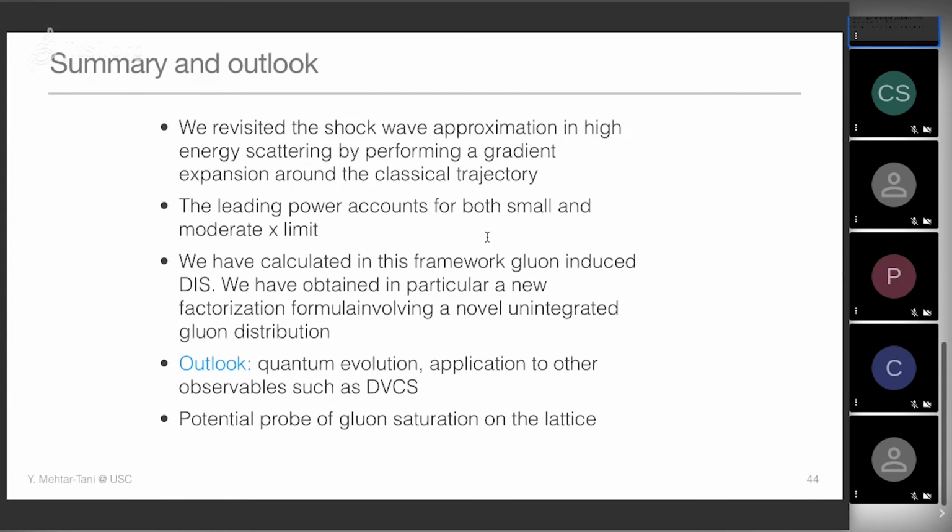So we expect that the evolution of that gluon operator would connect DGLAP with the BK evolution. So we looked at DIS. We have shown in particular that we get the factorization formula that involves a new unintegrated gluon distribution, which again accounts naturally and easily for the different known limits.